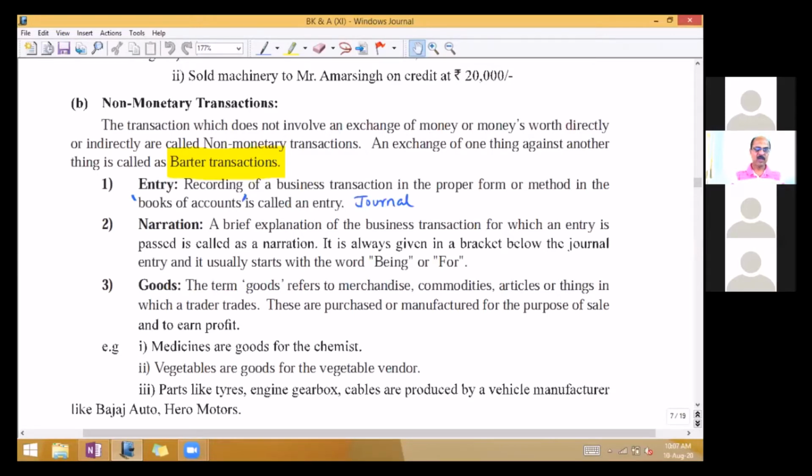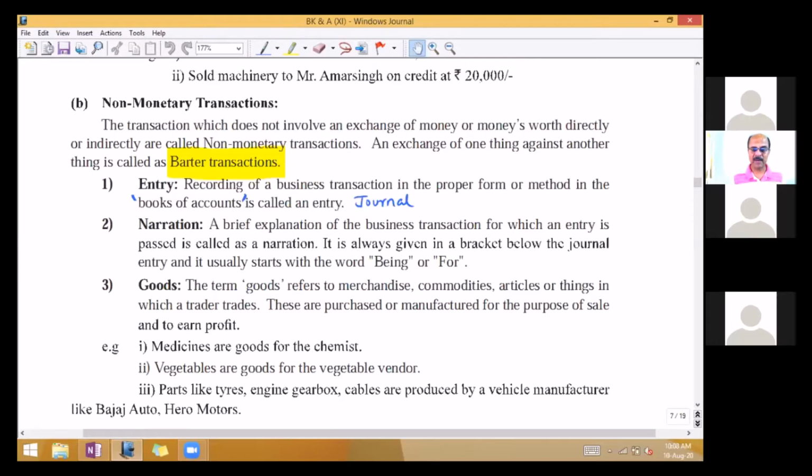So we talked about transaction, we talked about entry, and because I wanted to explain entry, we used the words journal and ledger. Then we talked about goods. Then we talked about narration. Anybody remembers what I told you about narration? A brief explanation of an entry.